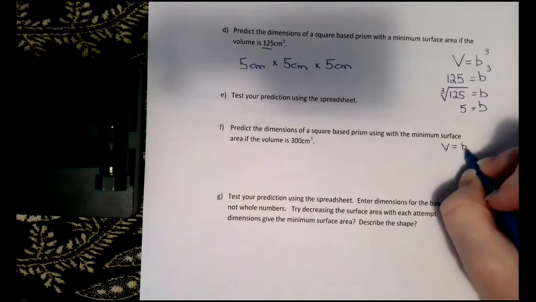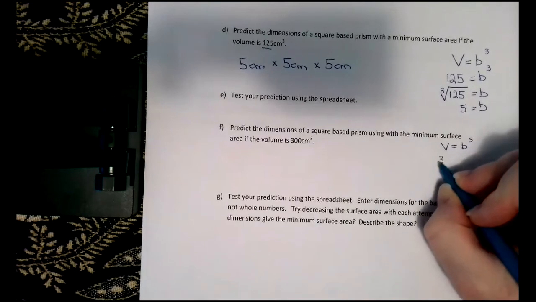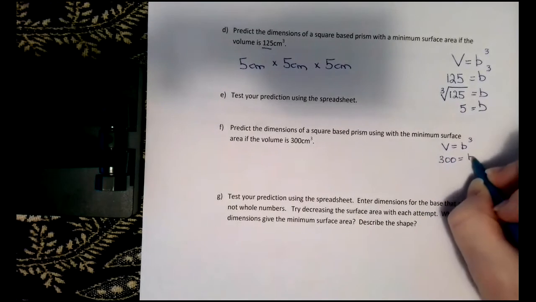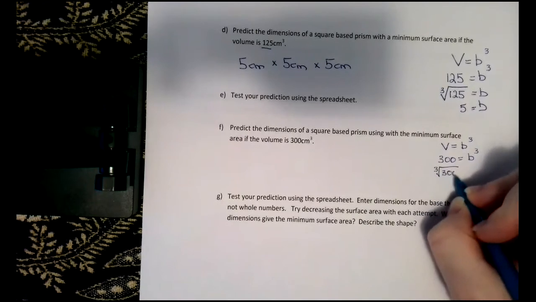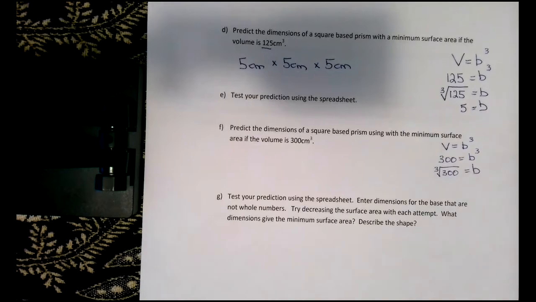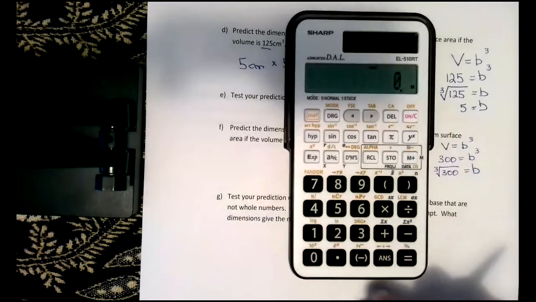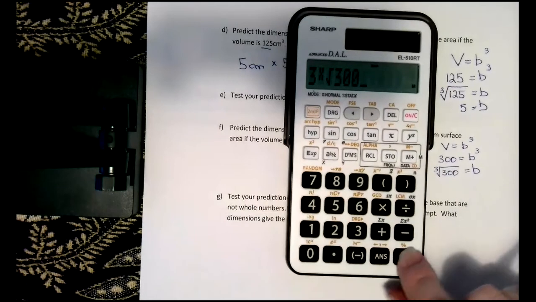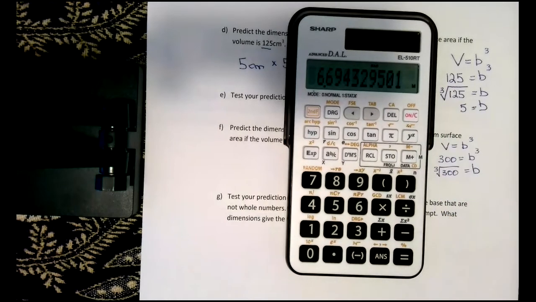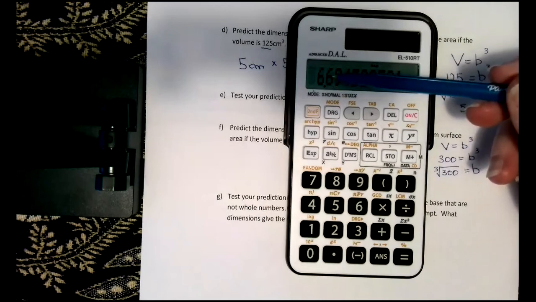Volume is equal to B cubed. 300 is equal to B cubed. The cube root of 300 is equal to B, and using your calculator, the cube root of 300 is 6.694.